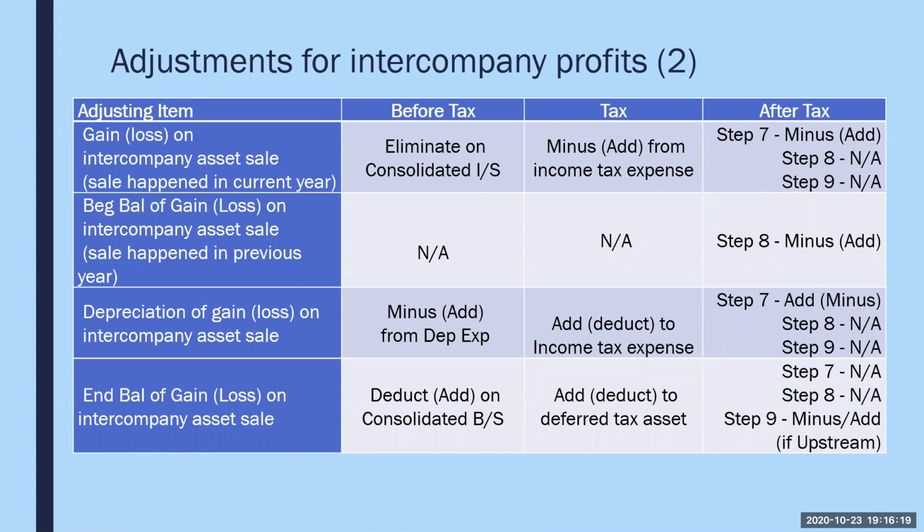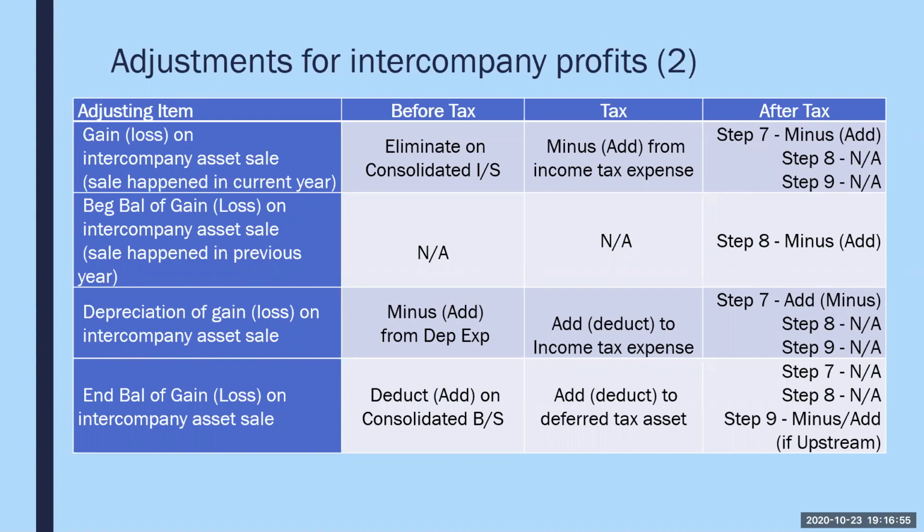The ending balance of the intercompany asset gain or loss, the adjustment needs to be made to the consolidated balance sheet. So if this was an intercompany gain and there is an unrealized balance, then that is the amount by which the asset is overstated. So to make an adjustment for that, we will reduce the specific balance of that asset on the consolidated balance sheet. If there was a loss, of course, then we do the opposite. We will add back the amount of the loss.